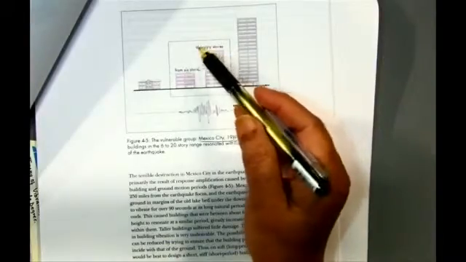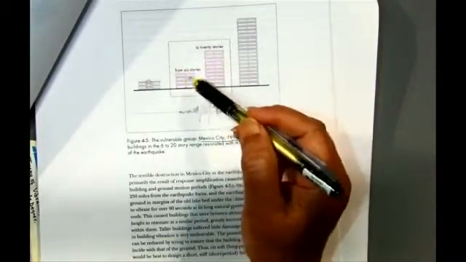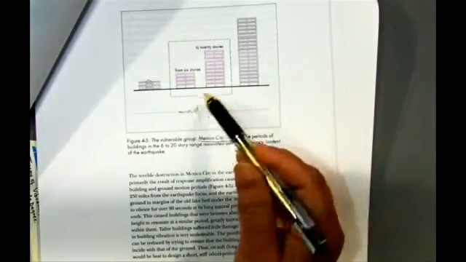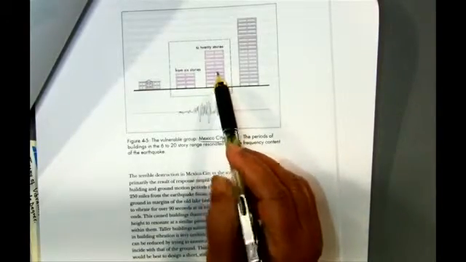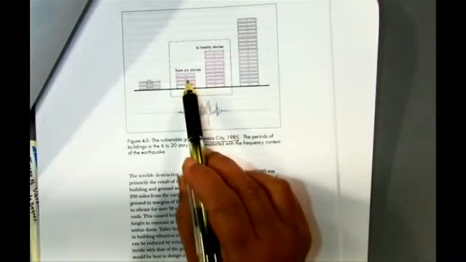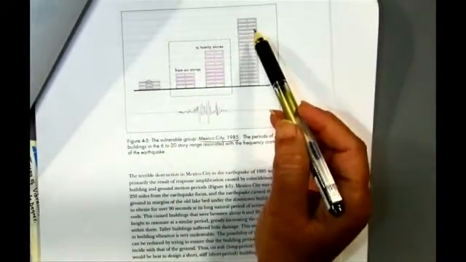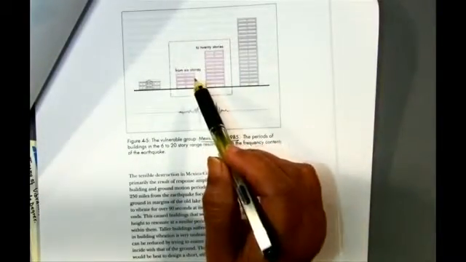The fundamental period of these 6 to 12 story buildings was very close to the fundamental period of the motion they were subjected to. So most of the buildings which were damaged during the earthquake were 6 to 12 stories, not shorter than that, and many tall buildings survived very well. This is another example of resonance.